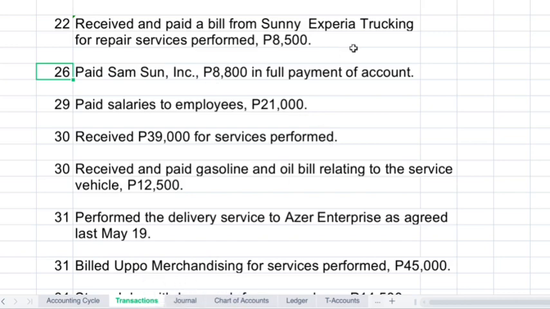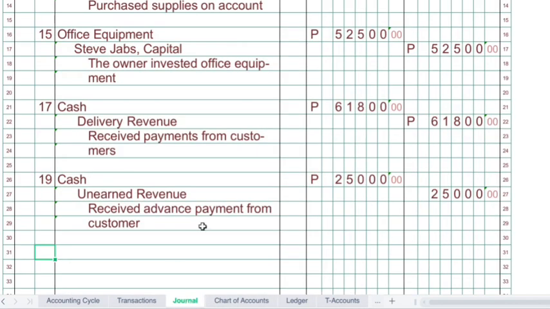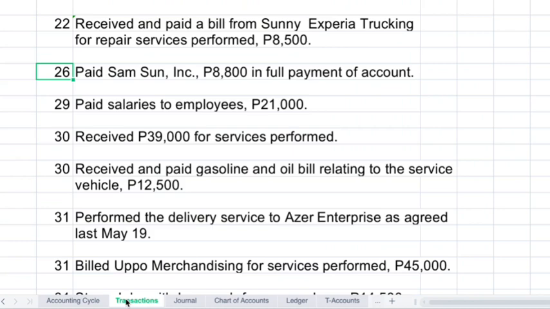So, what are the accounts affected here. So, cash, nag-decrease yung cash natin kasi nagbayad tayo. Okay, so cash should be credited. And then, accounts payable should be debited. Kasi, nag-decrease yung accounts payable natin dahil nagbayad tayo ng utang. So, that is 8,800.